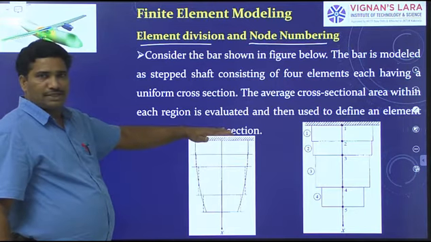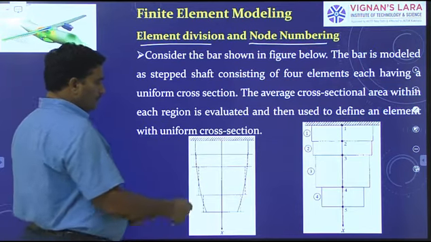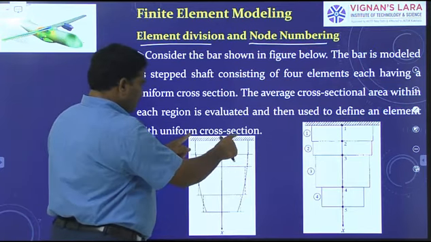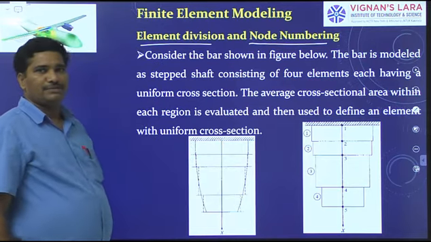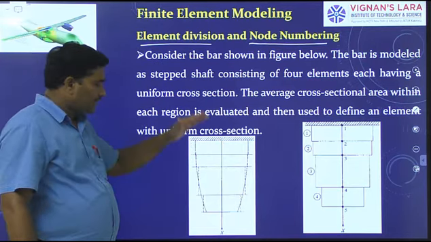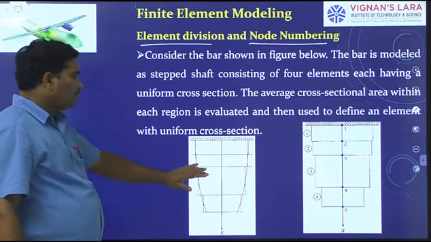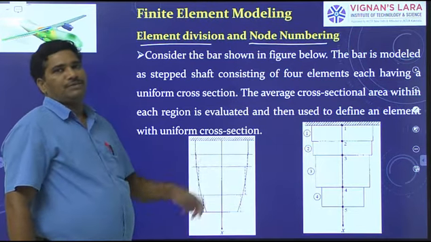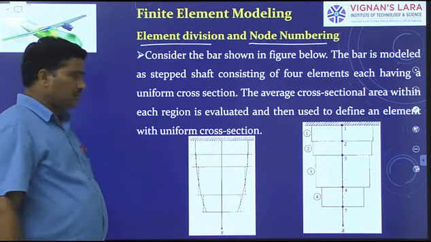One end is fixed, right? One end is fixed, the other end is free. The cross section of this bar is varying. It has variable diameter. Now, how do you model this member?